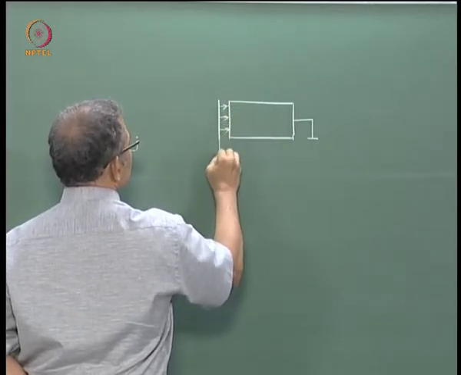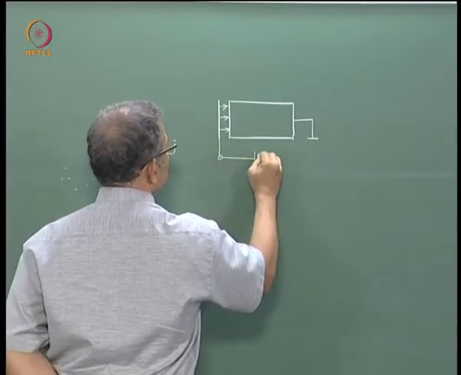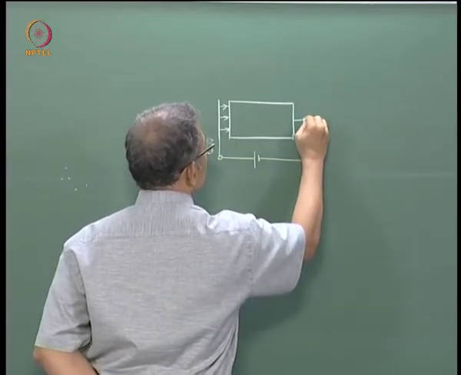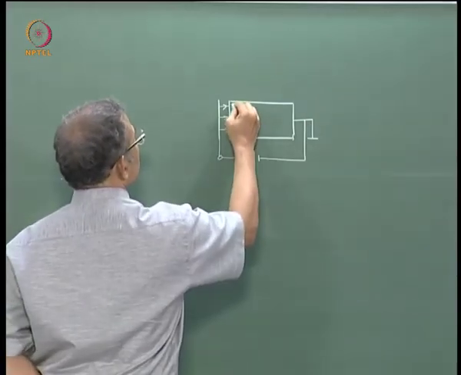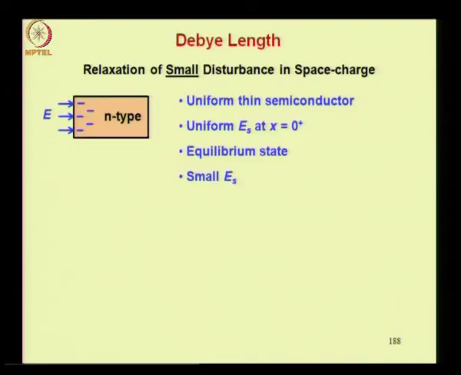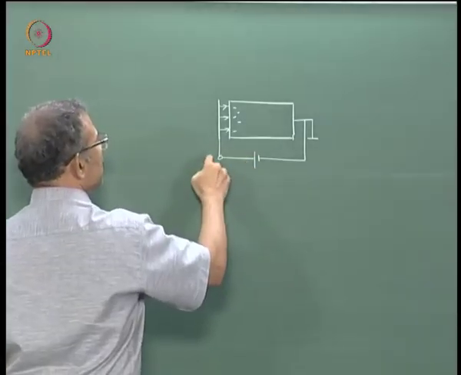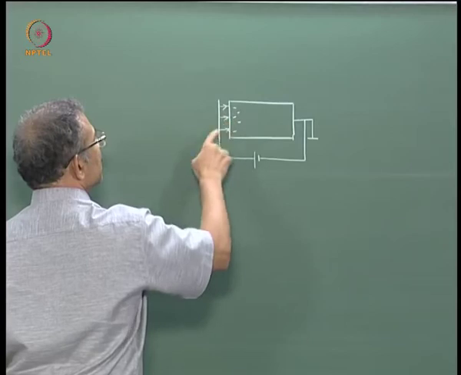This electrode is connected to a cell with reference to this point. So the electrons which are coming here will come from this terminal, and the positive charges pile up here creating this electric field E.